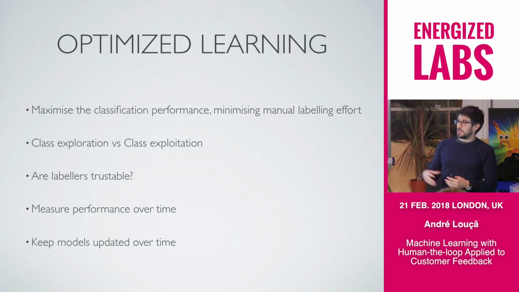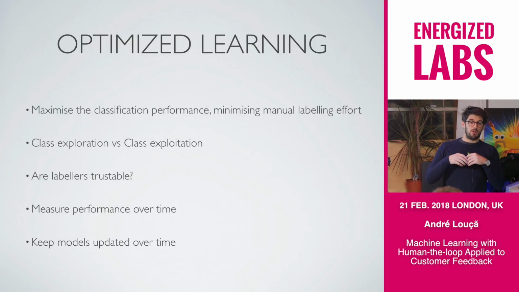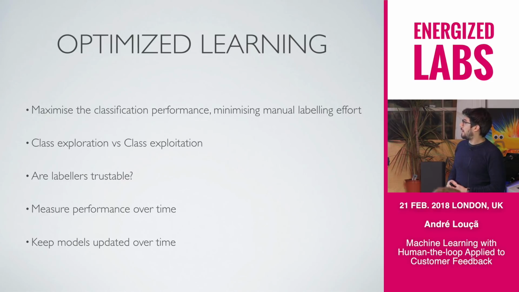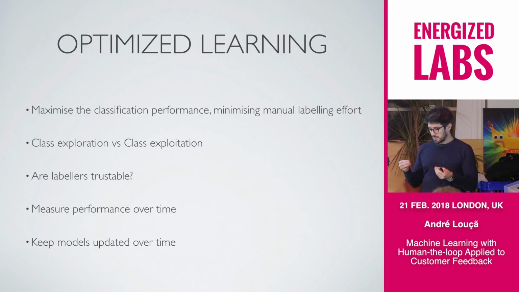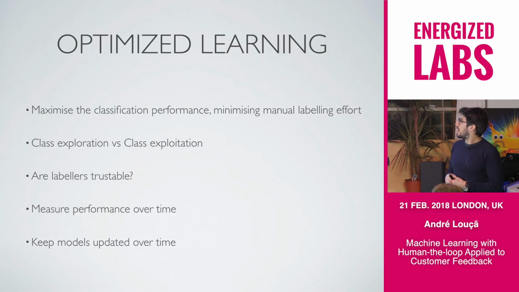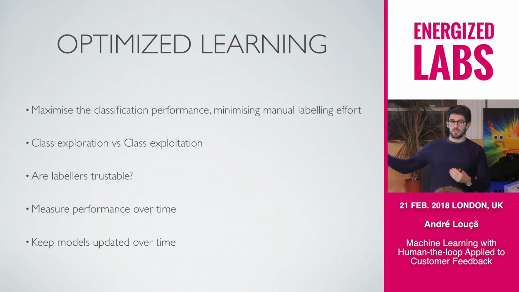The main technology that we developed is called optimized learning. As I said, it's inspired by active learning, and the big goal it tries to achieve is to maximize the classification performance while minimizing the human input. But there is more than that.